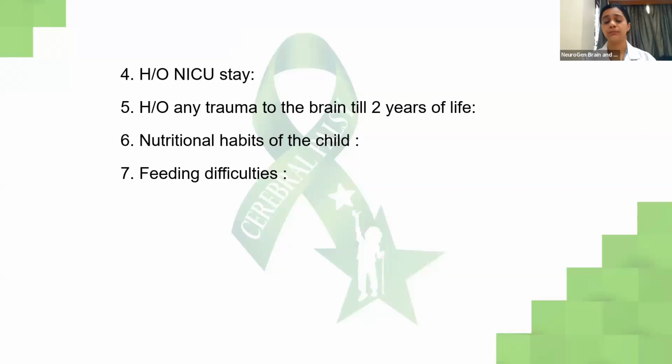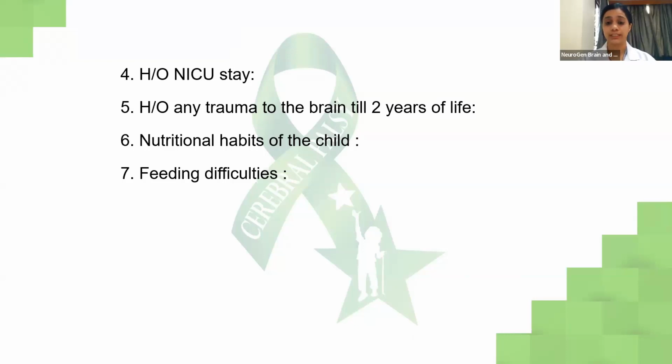For example, if the mother tells you that the child was born at 7 months, then you need to ask her how long he was in the ICU, and what therapy the pediatricians gave in the ICU. Was he on oxygen or a ventilator or nasal prongs? This has to be asked. Any history of trauma to the brain till 2 years of life needs to be asked.